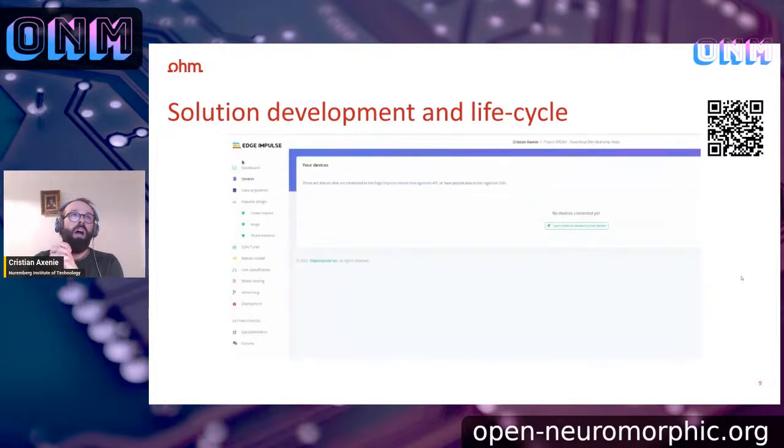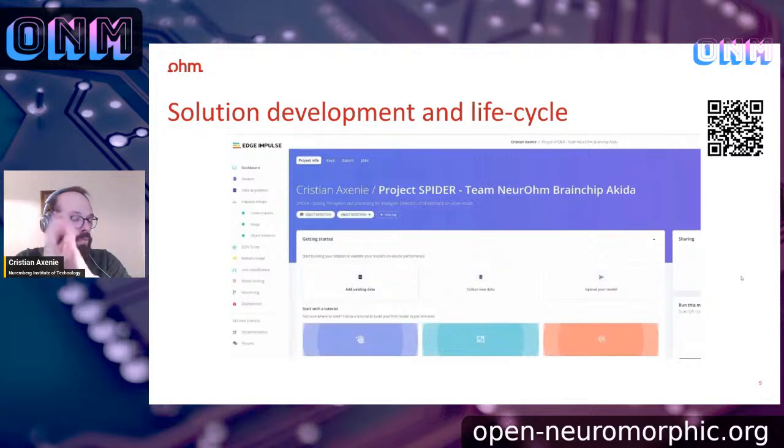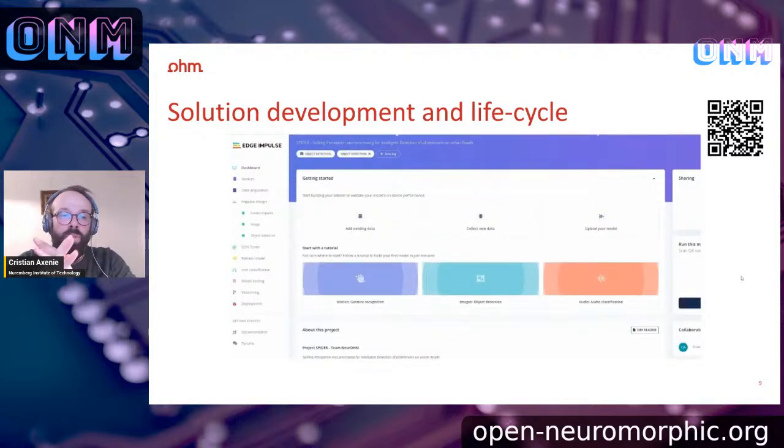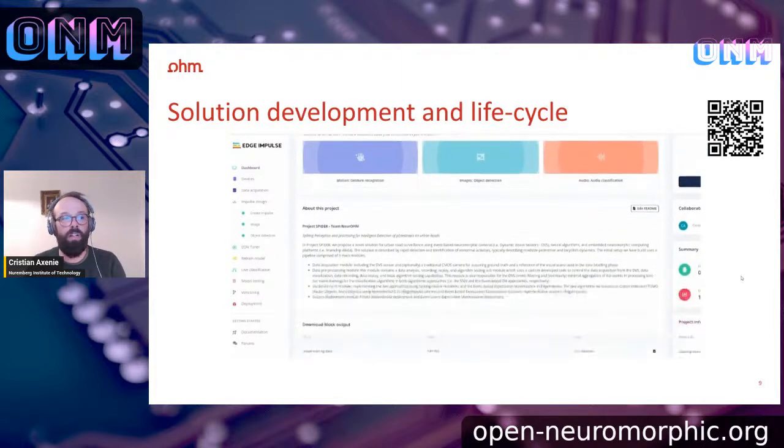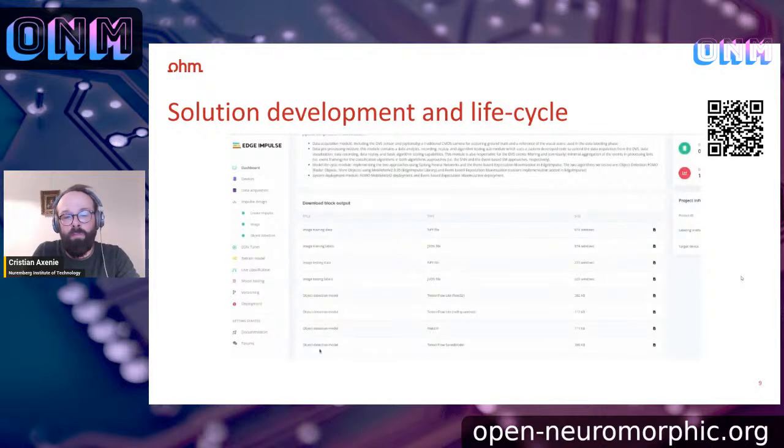For the part with the spiking neural network, we decided to go for something in hackathon style, hence not developing everything from scratch. So we looked at Edge Impulse, again one of the sponsors, and they had really nice ways of building systems with the Raspberry Pi and the Akida BrainChip target.